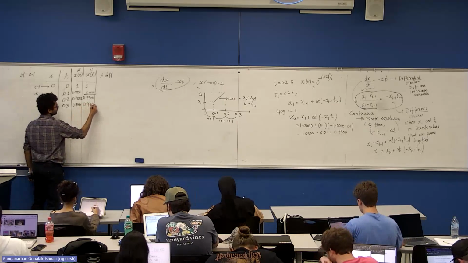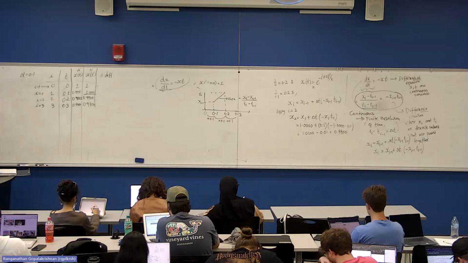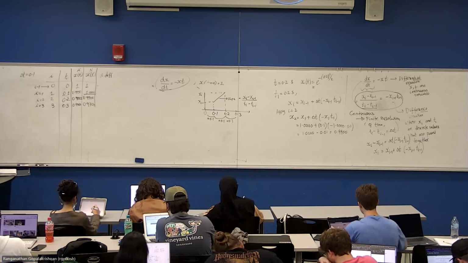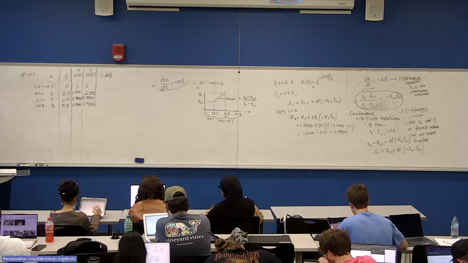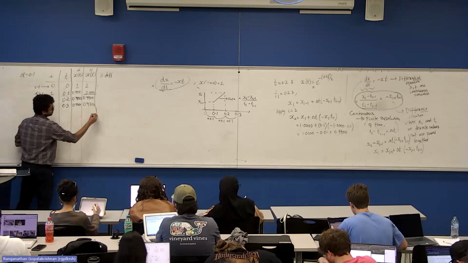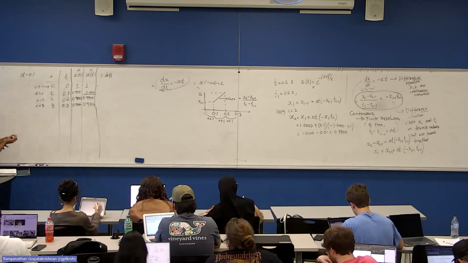Are you getting 0.9704? Can you check and tell me? For the third iteration, for the numeric solution, are you getting 0.9704?